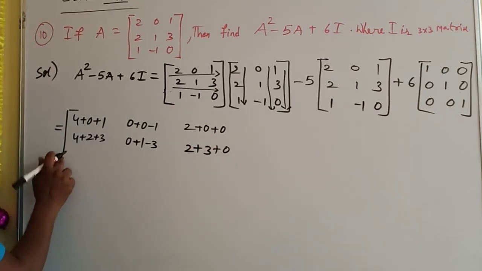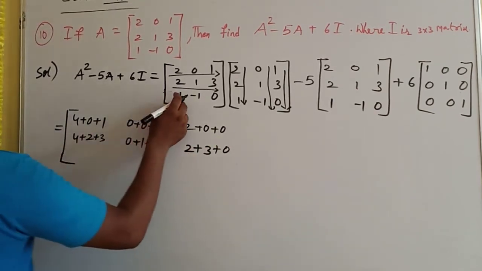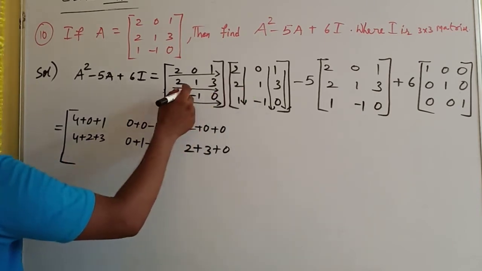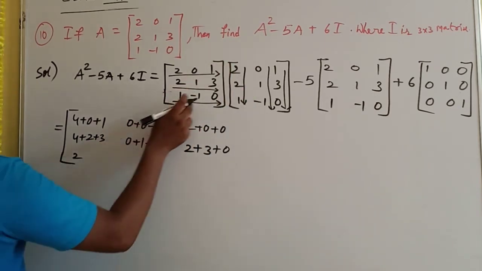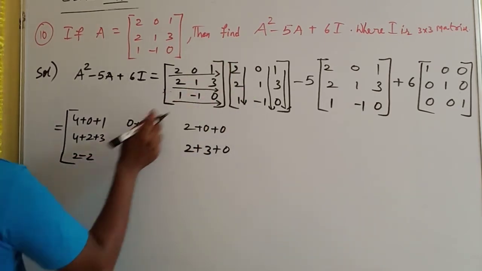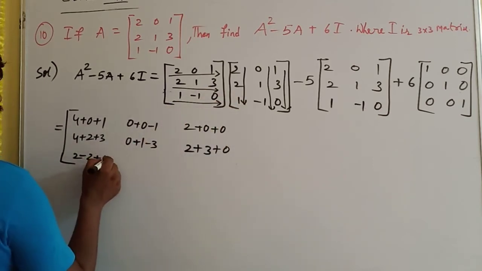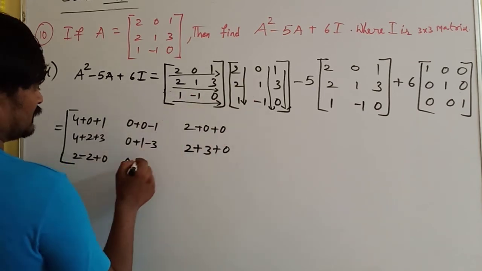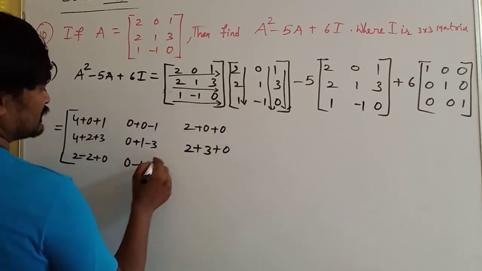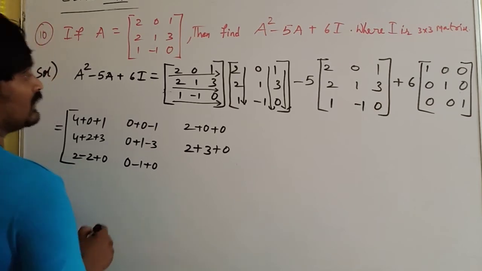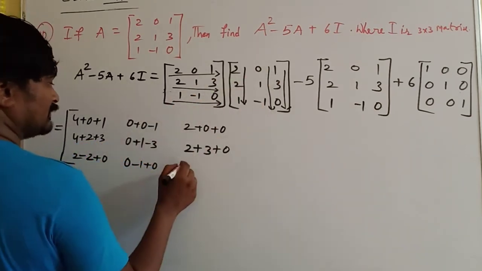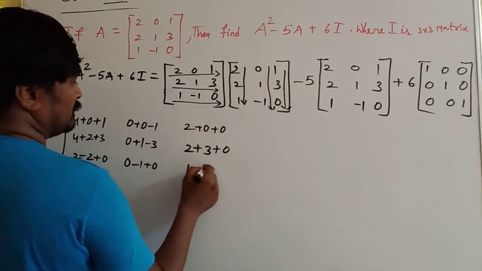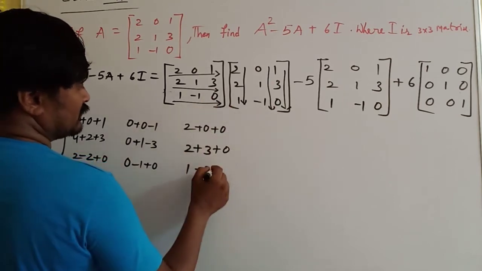Next, last and final one, that is third row first column: 1 into 2 is 2, minus 1 into 2 is minus 2, 0 into 1 is 0. Next 1 into 0 is 0, minus 1 into 1 is minus 1, 0 into minus 1 is 0. Next 1 into 1 is 1, minus 1 into 3 is minus 3, 0 into 0 is 0.